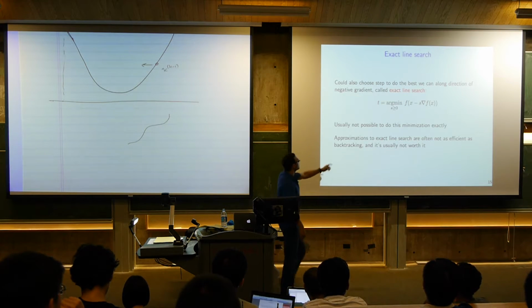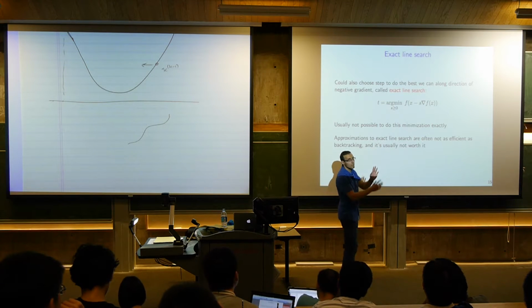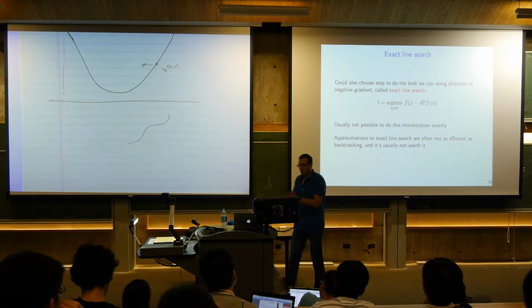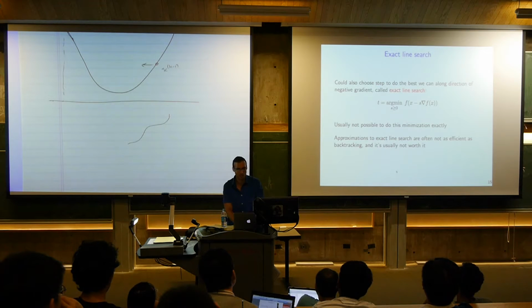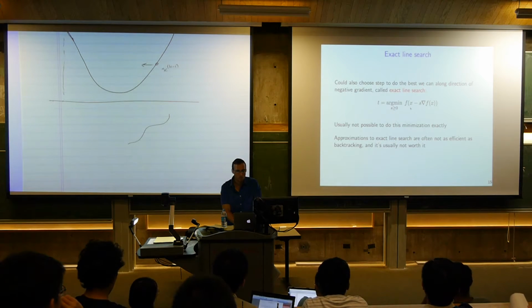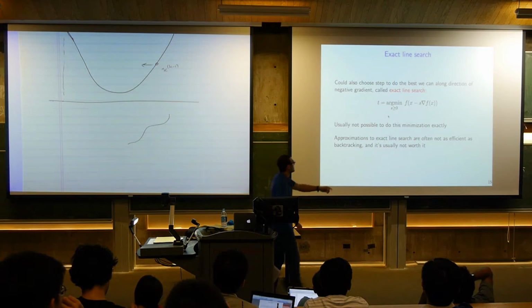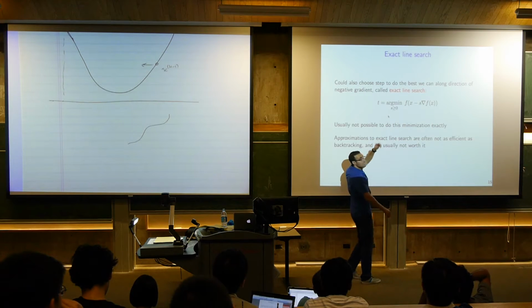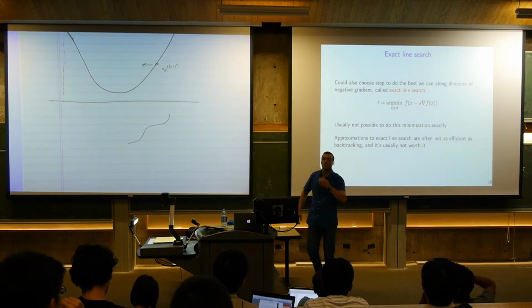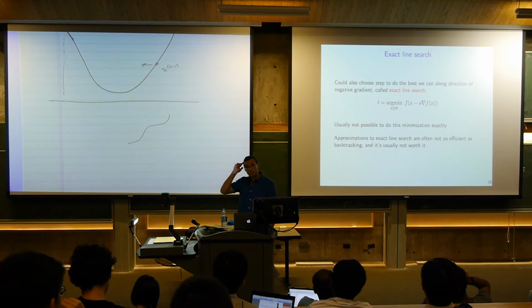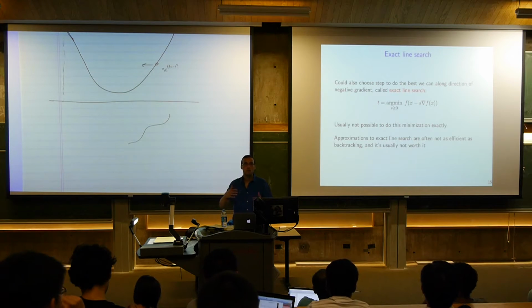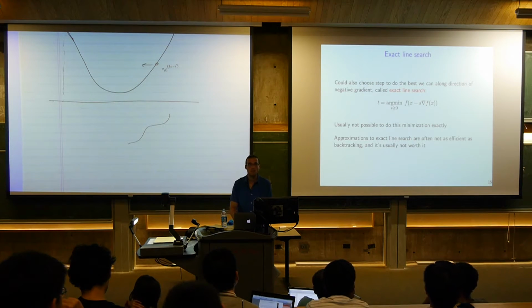Given that we're looking at directions given by the negative gradient, you might say to yourself, why don't I just optimize my criterion value in the direction given by the negative gradient over all possible step sizes s, and take t at any given step to be the one that exactly minimizes that. That's called exact line search, rather than backtracking, which is a very rough approximation to this based on linear approximations to our function.